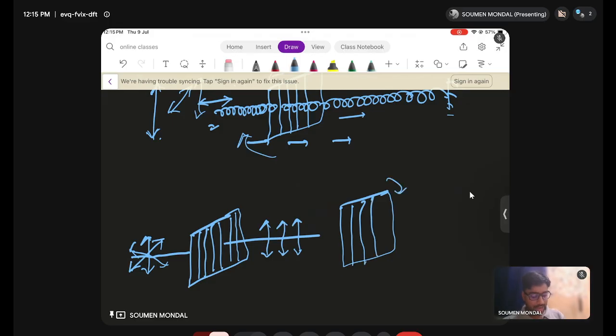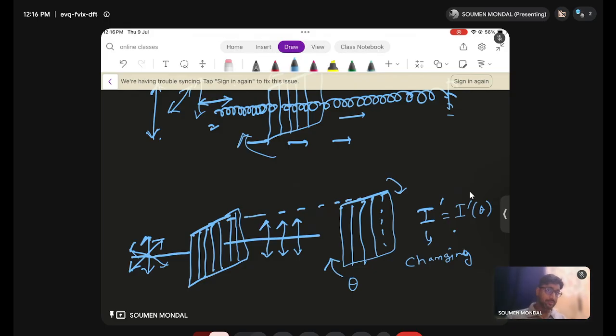If I rotate it, we are going to see the intensity, let me call it I prime, which is changing. This I prime becomes a function of theta, where theta is the angle with which we are rotating this polarizer with respect to the first. Initially we can think both axes are parallel and we are rotating this one. This phenomenon, that the rotation of this window controls the intensity of light, indicates that light is a transverse wave. If light were a longitudinal wave, we would not observe this.